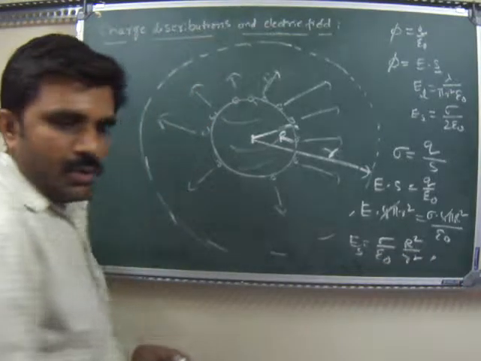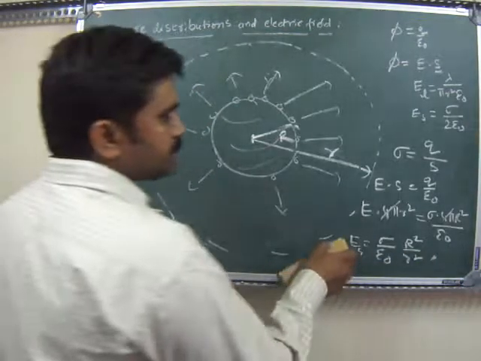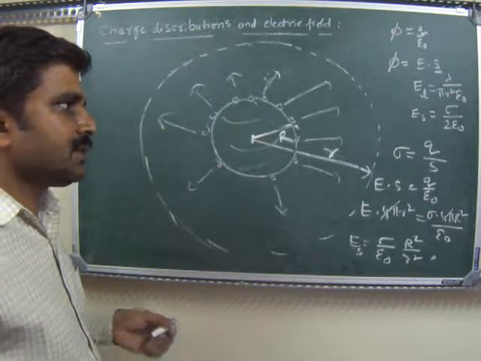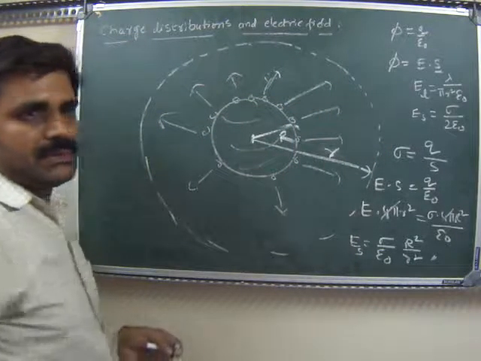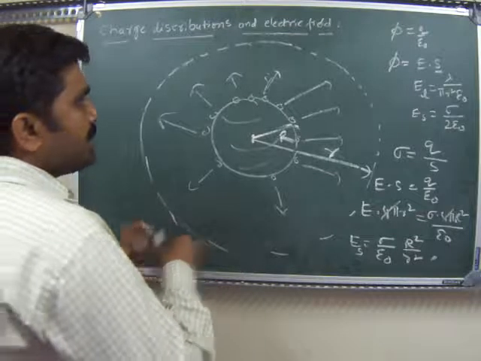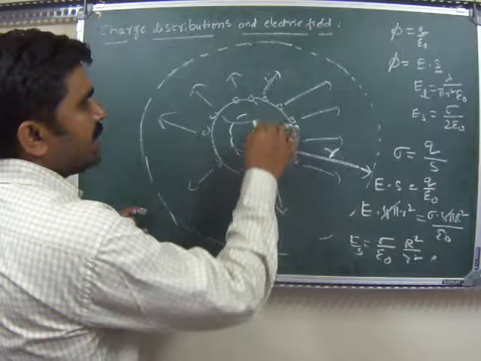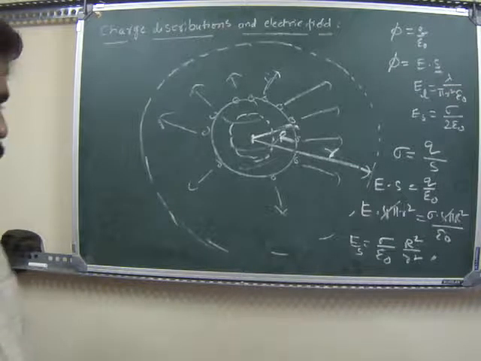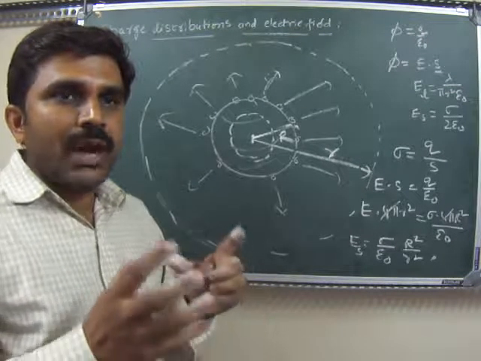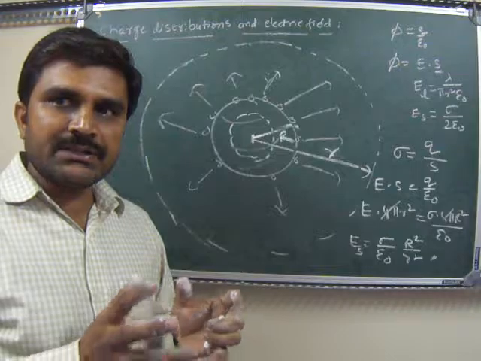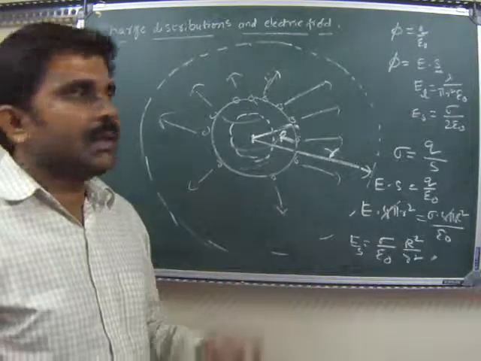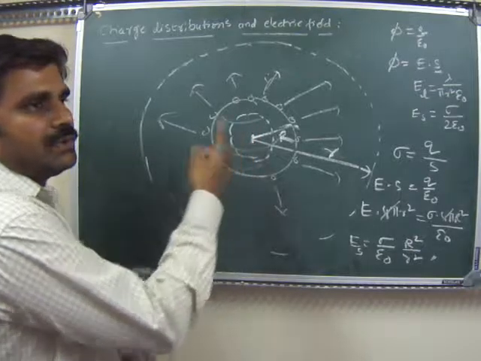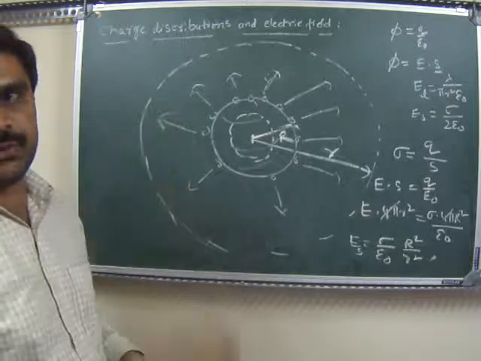Okay, so now I am writing that one also. This is for when you are considering the Gaussian surface outside the charged sphere. If you consider a Gaussian surface inside the charge distribution, actually what the Gauss law explains is that you have to consider the Gaussian surface around the charge. Here you are considering a Gaussian surface around a null charge, so the field will be 0.